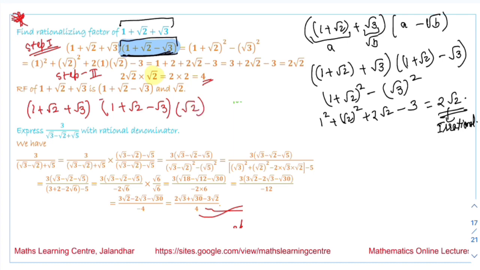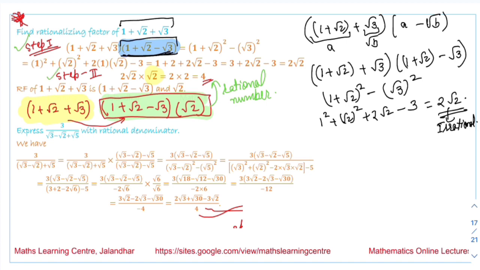So this whole term is the rationalizing factor for this term, because after multiplying this expression with this whole term, the answer becomes a rational number. So this question we have solved in 2 steps.